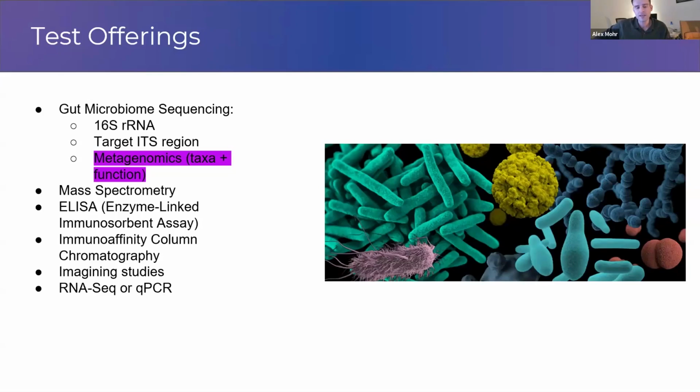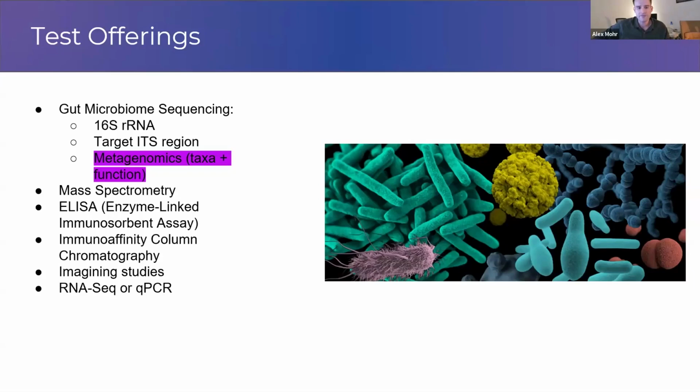And metagenomics is very powerful based on the type of sequencing that we do, and I'll go over that in just a second. But what this provides us in terms of data output is not only the types of microbes that are there, whether we're looking at bacteria, viruses, fungi, or archaea, but also what they're actually doing, which is probably the most important thing that we can profile in the microbiome.